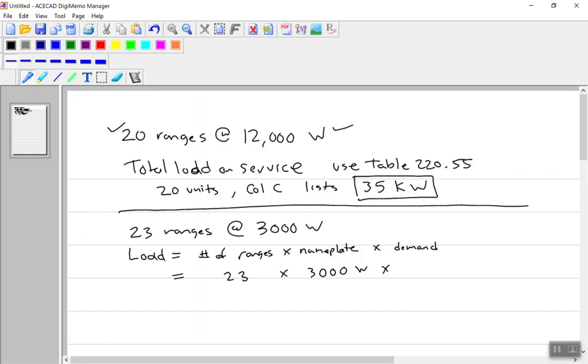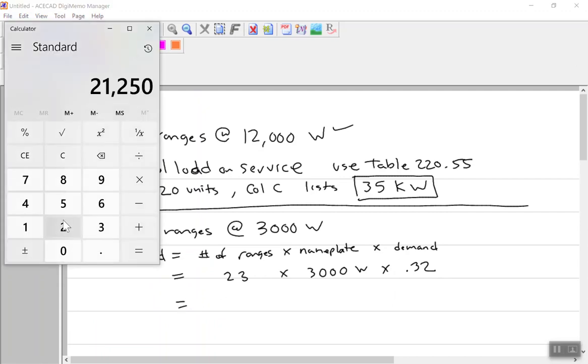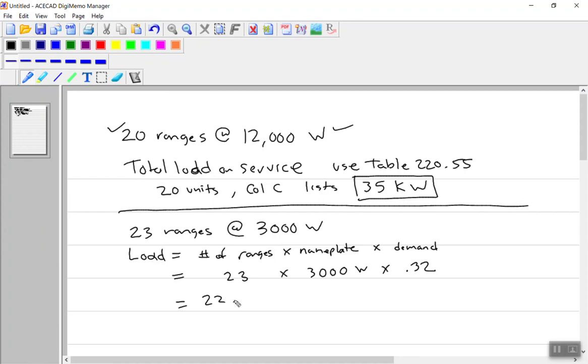So in our notes, right, we just go 0.32 here, right? And then once we get 0.32, we go ahead and knock it out on our calculator. Let's send this one over the fence. 23 times 3,000 times 0.32 equals, and let's write that number down, very important number to write down, 22,080 watts, right, or volt-amps, but isn't that also equal to 22.08 kW?